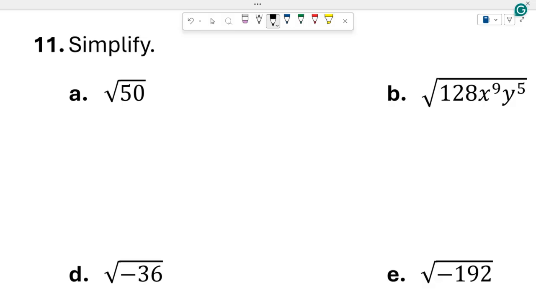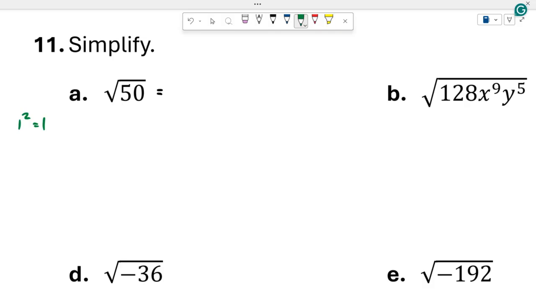Now, when you're simplifying square roots, what you want to do is think about the square numbers. You can generate a list pretty quickly. Technically 1 is a square number because 1 squared is 1, although for simplifying square roots, you can safely ignore the 1.